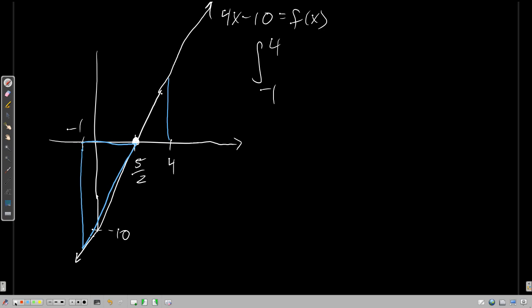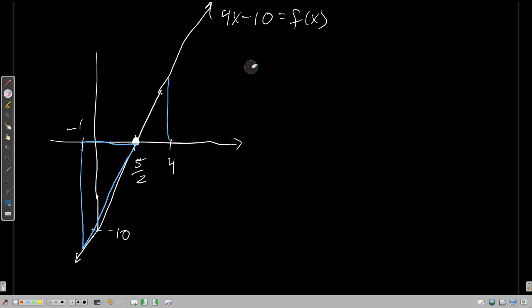And you can't just say integral from -1 to 4 of your function. That won't do it. That'll just give you the net area. The total area would have to be broken up into 2 integrals.